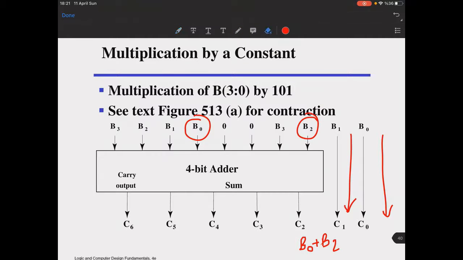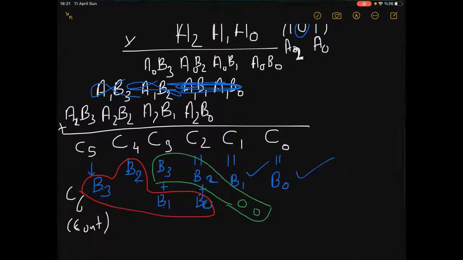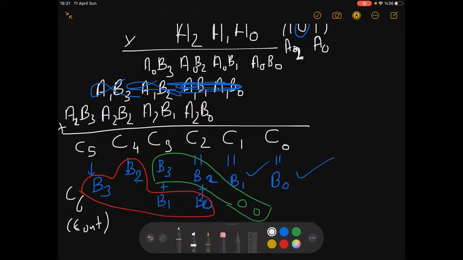Oops, I wrote this wrong here. Okay, let me just correct it fast. I made a mistake. I'm very sorry. This one should be, of course, 0 and 0 here.